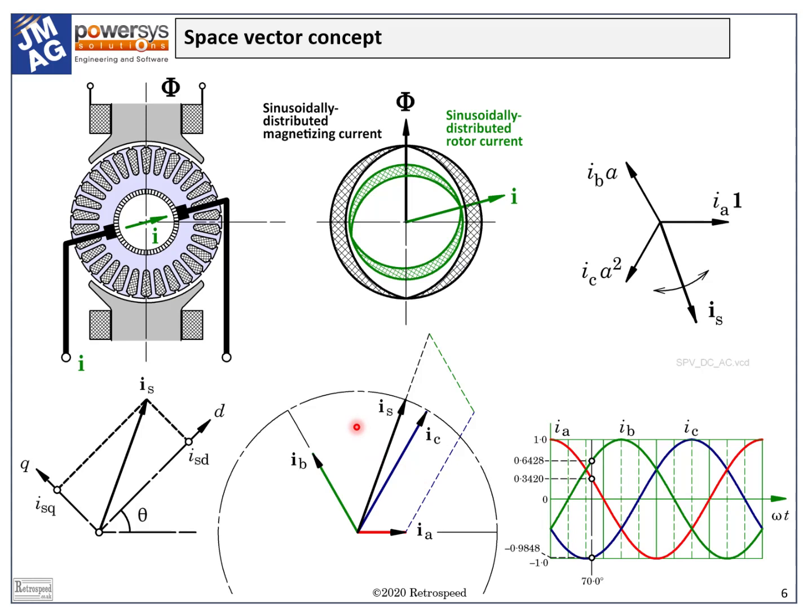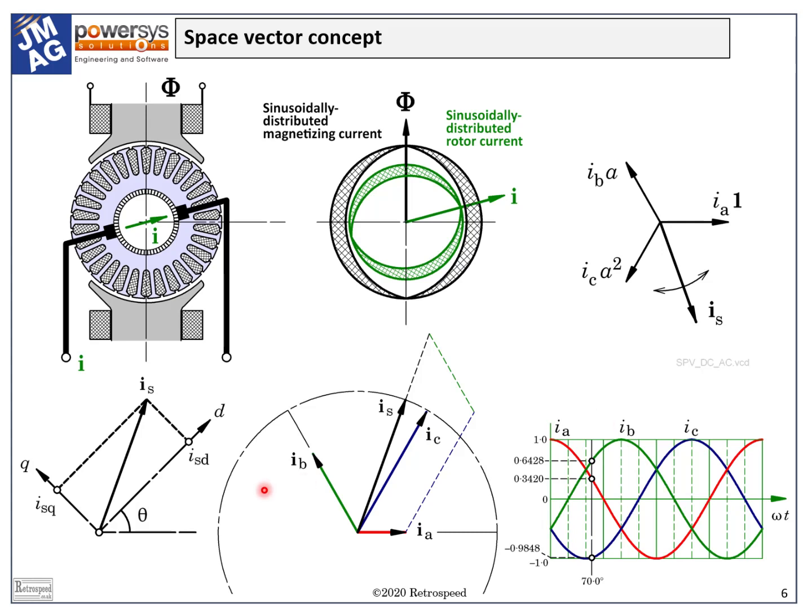I should mention that there is a convention in which a scale factor of 2/3 is applied to the sum of the three phase space vectors, in order to keep the peak value of the resulting space vector equal to the peak value of the phase current in the steady state.